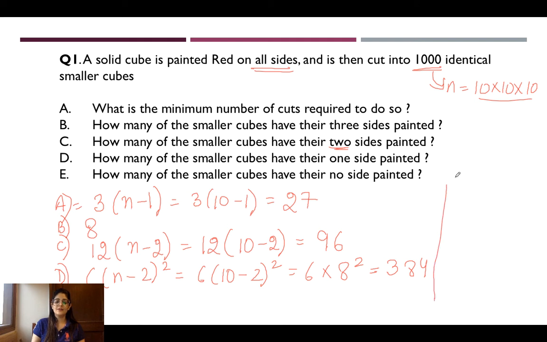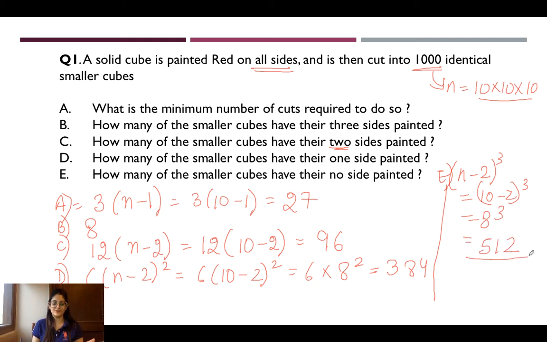Lastly, we have how many of the cubes have no side painted. So for no side painted, we have (n minus 2) whole cube, that means (10 minus 2) whole cube, 8 cube, and that gives us 512.